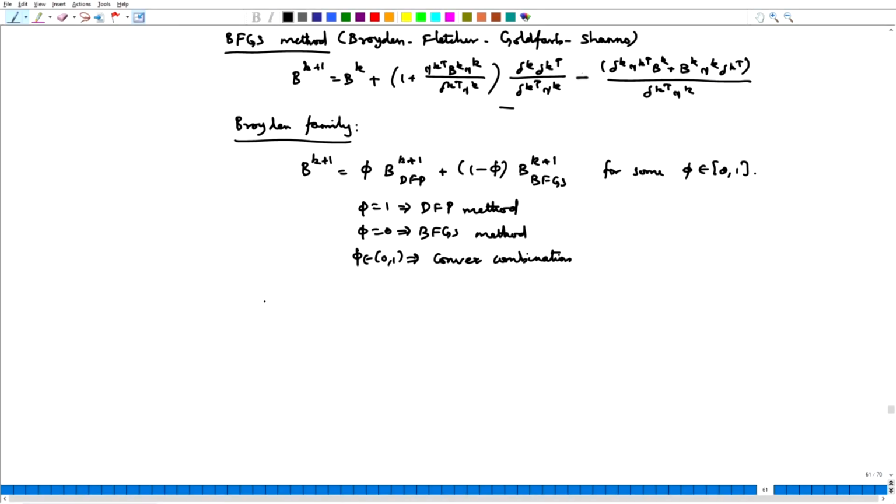Okay. So, these are all the methods that I wanted to discuss, and the last point about quasi Newton methods is the performance of all these methods that we have discussed: the rank 1 correction, DFP method, BFGS method, or the broader Broyden family methods.